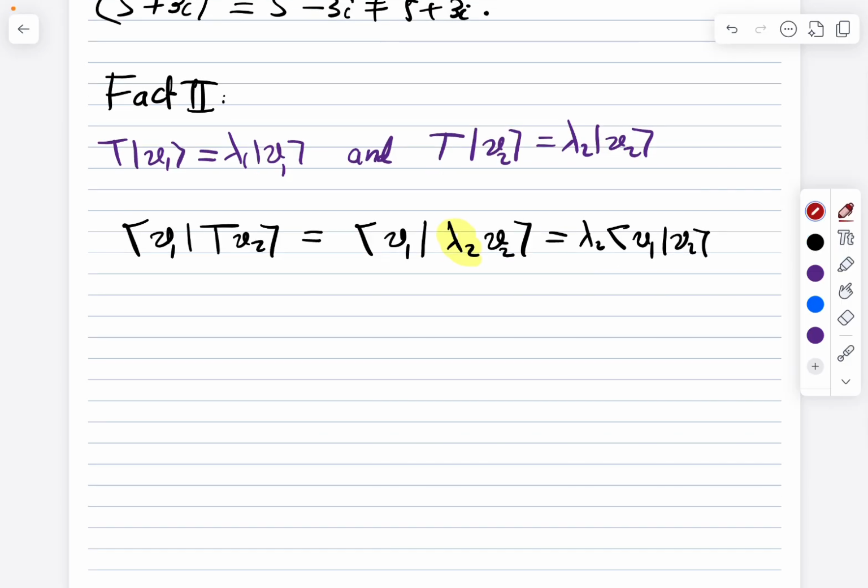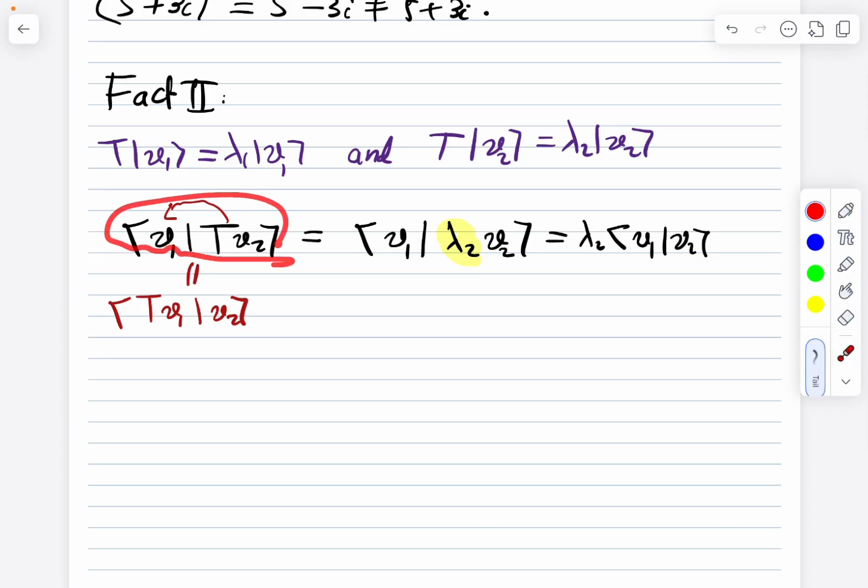Now let's do another equation, where I apply T here, so I'll have T V1 with V2. Now using the fact that T is Hermitian, these two equations are equal. This equation and this equation must be equal because I just move T and make it apply to the other vector, but it is Hermitian, so this equation holds.